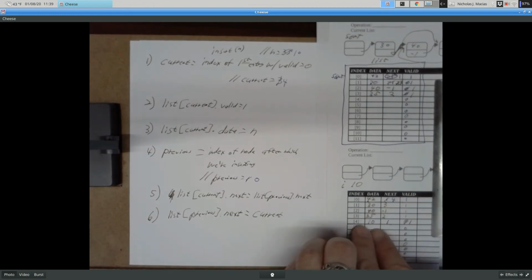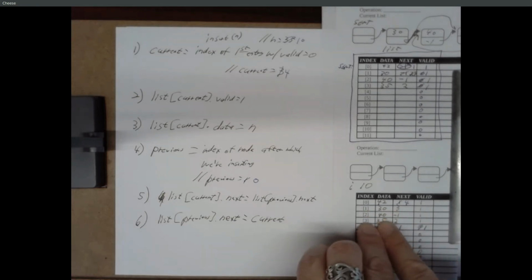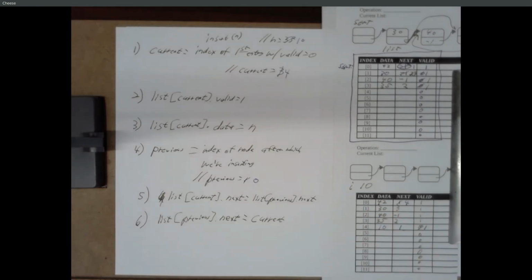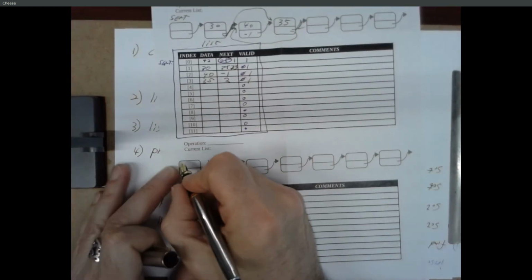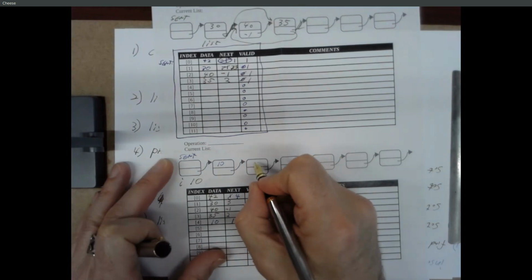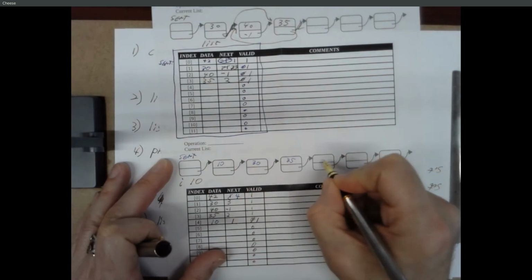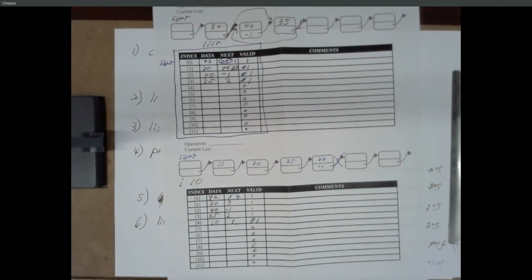So sentinel points to the first node, which is a 10. That points to a 30. That points to a 35. That points to a 40. That's the end of the list. So as a nice clean picture, right, this is what our list looks like.